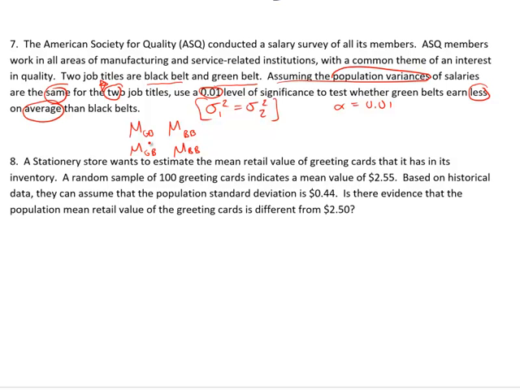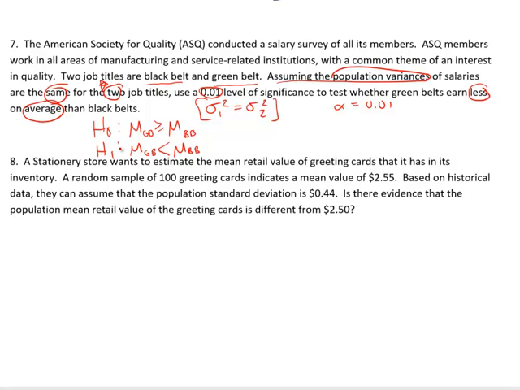And it says whether green belts earn less on average, and since mu green belt is on the left, we should put it like this, so that it's showing less than: mean of the green belts is less than mean of the black belts, and so the null would just be greater than or equal to, the opposite. So there's H0 and there's H1, and those are my hypotheses.